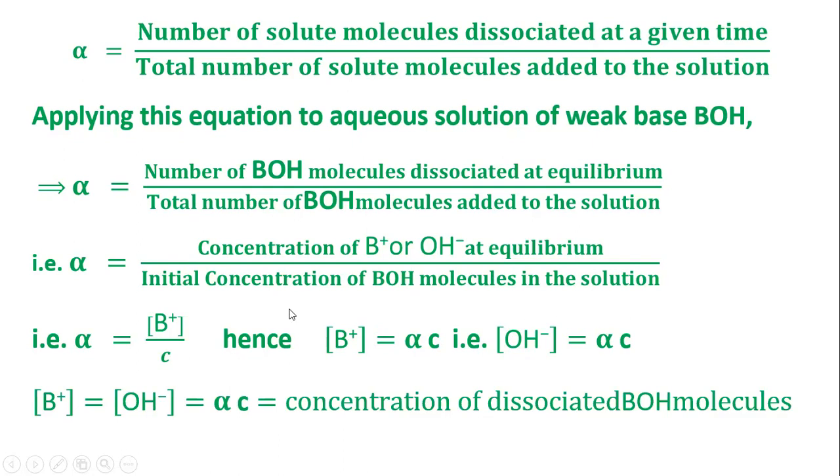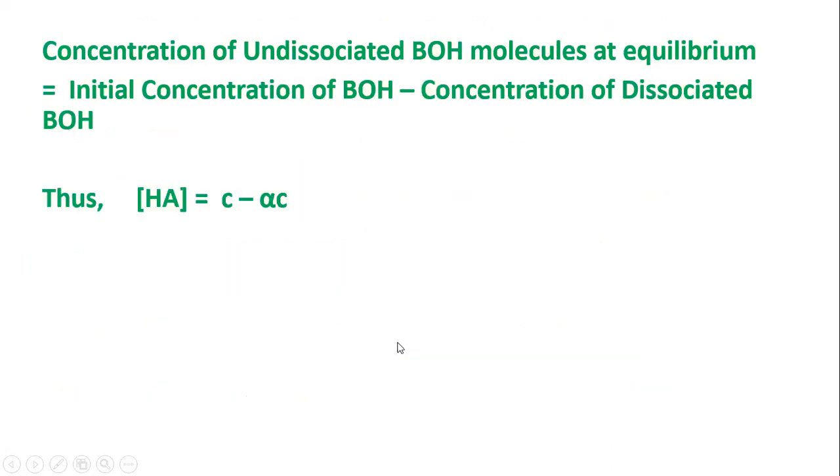Now the concentration of this B plus and OH minus indicates the concentration of dissociated BOH molecules, so the concentration of dissociated BOH molecules is equal to alpha C. Hence from this we can calculate the concentration of undissociated BOH at equilibrium.